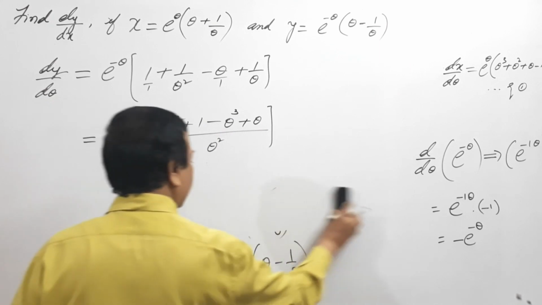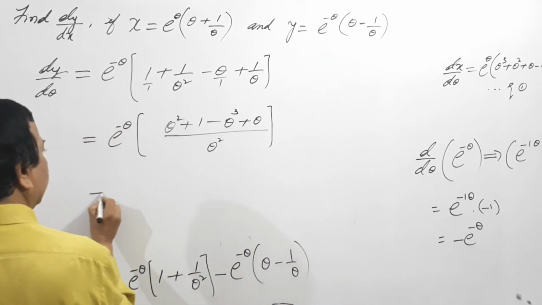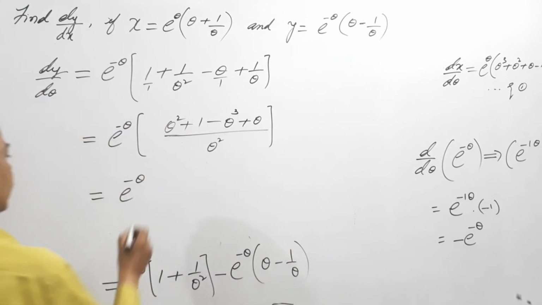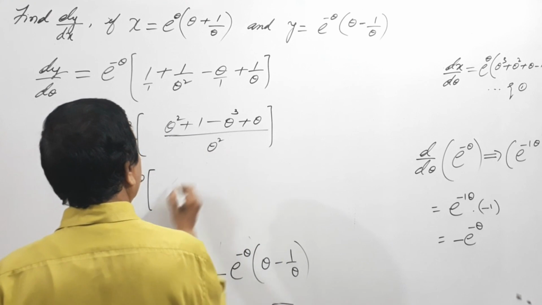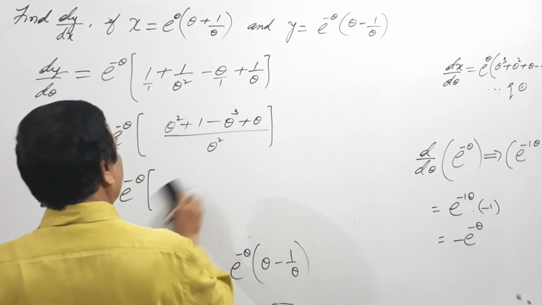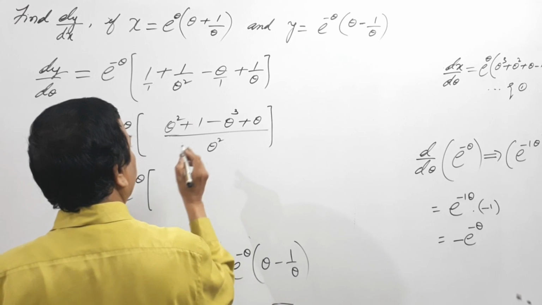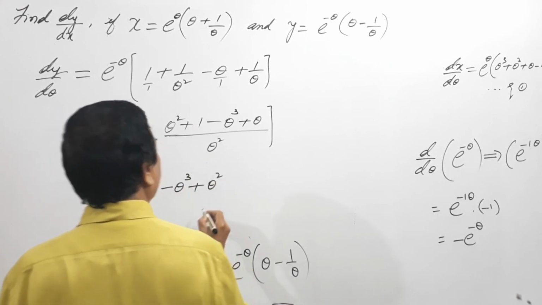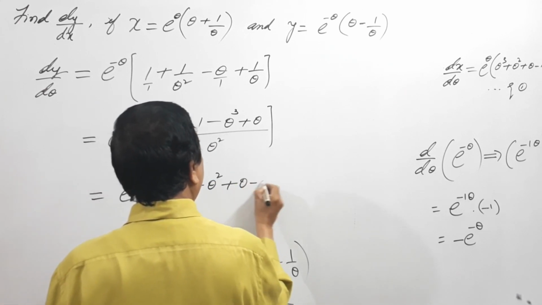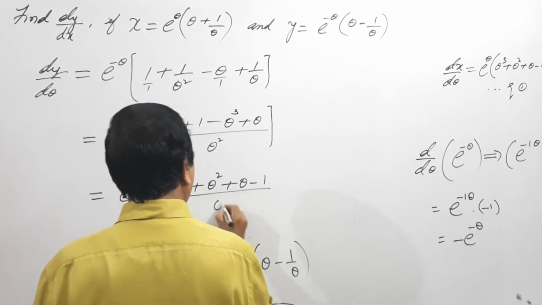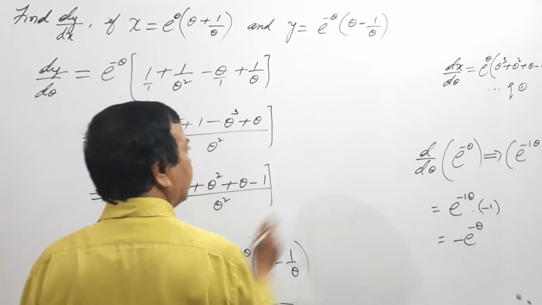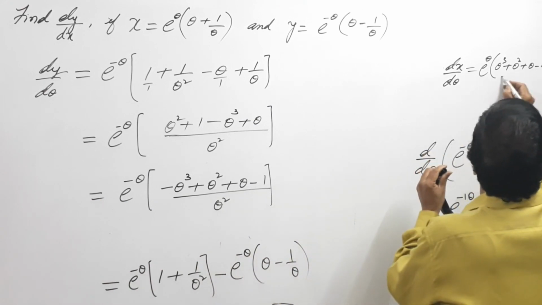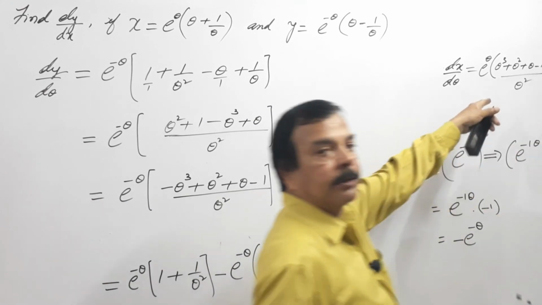So what happens, let's rearrange this, that is equal to e to the power of minus theta, minus theta cube plus theta square plus theta minus 1 by theta square, because LCM, sorry, here I forgot to add, put this divided by that LCM theta square.